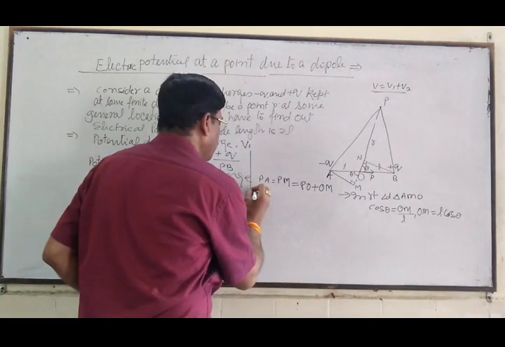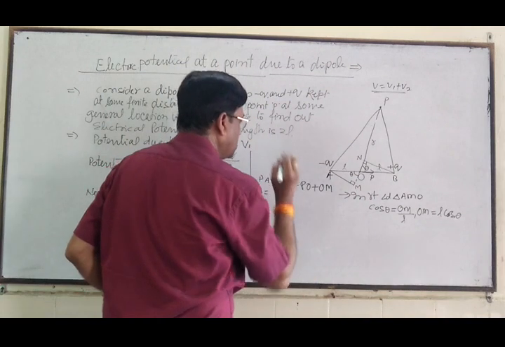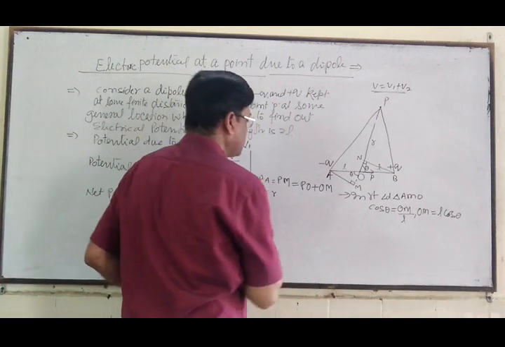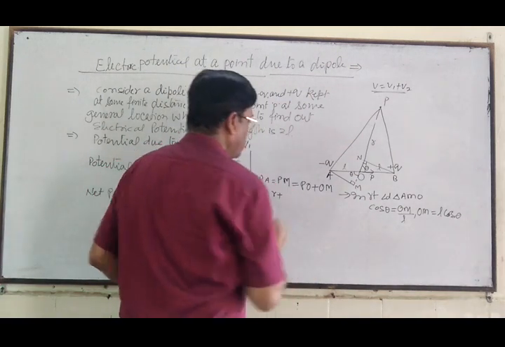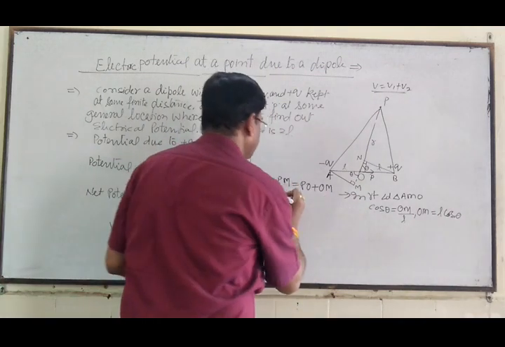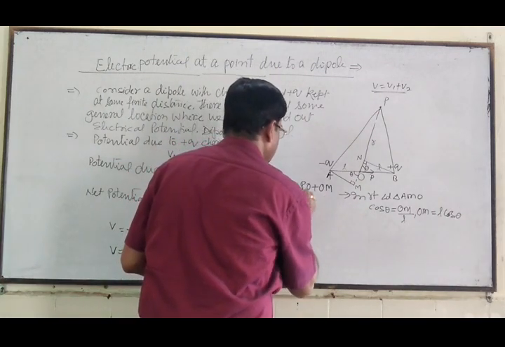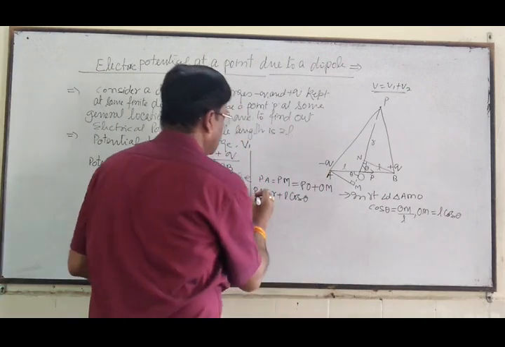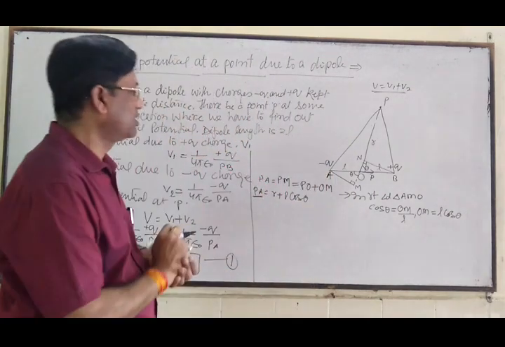We'll put the value here, then PA is equal to PO, that is R, plus OM, that is L cos theta. Then here we get the value of PA.